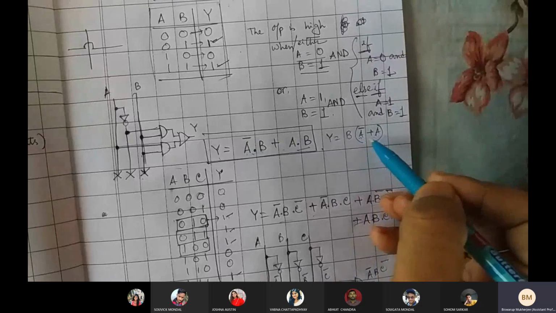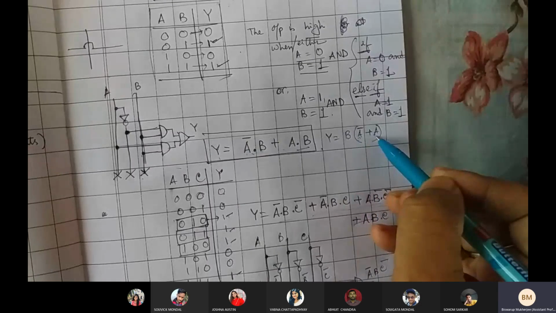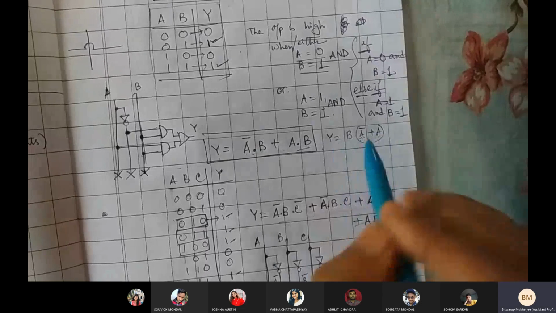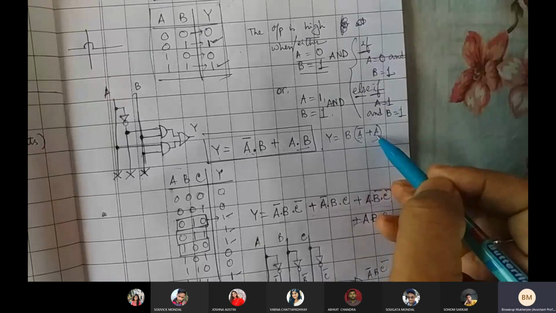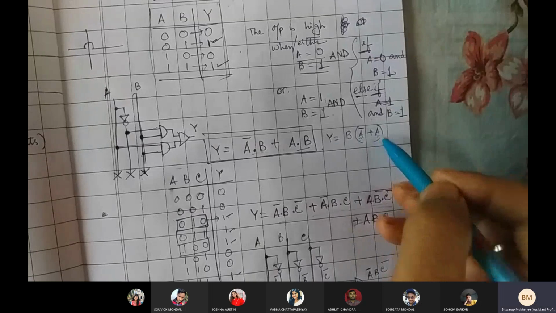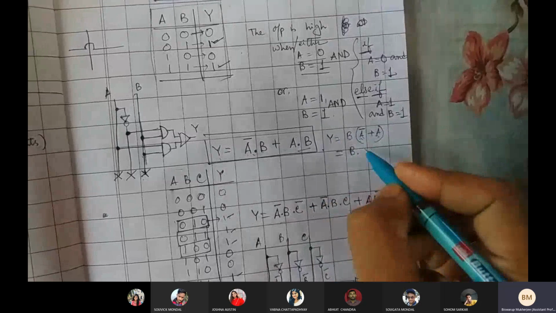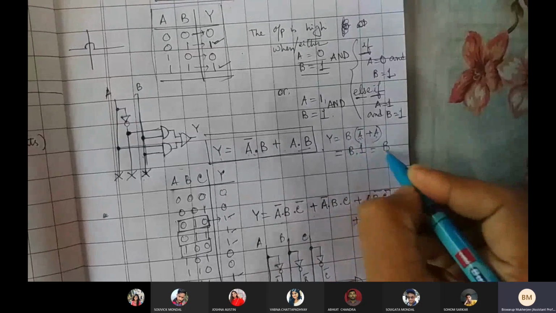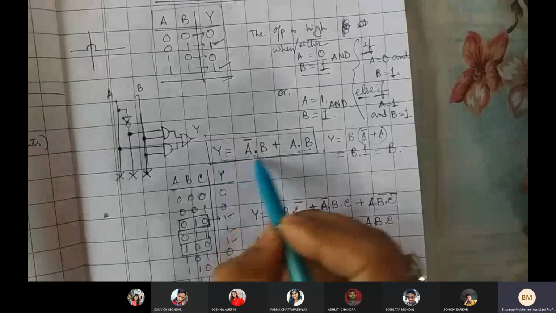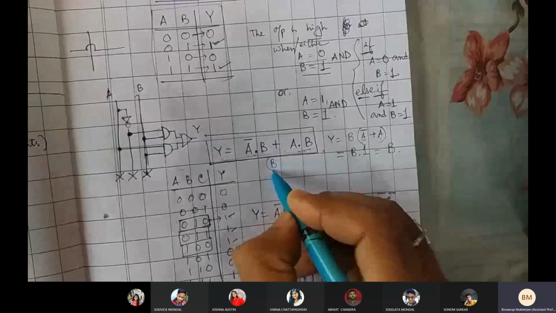So always A bar plus A is actually 1 plus 0, whatever be the value of A, and 1 plus 0 means 1, right? So we can write it down: it is actually B dot 1, which is equal to B. That means this entire expression is reduced to B only. So Y is nothing but equal to B.